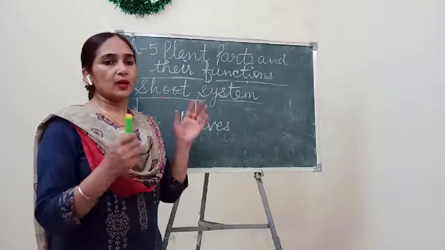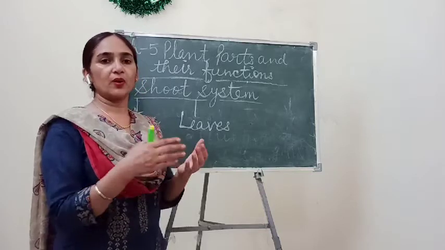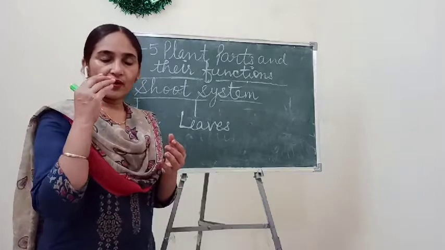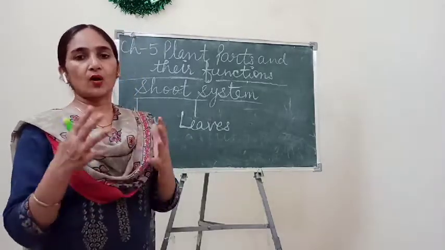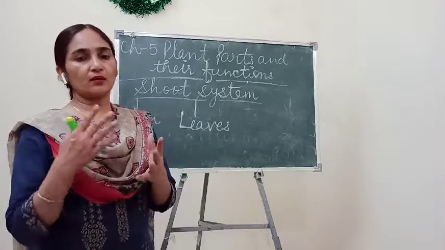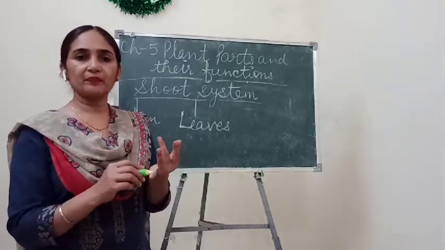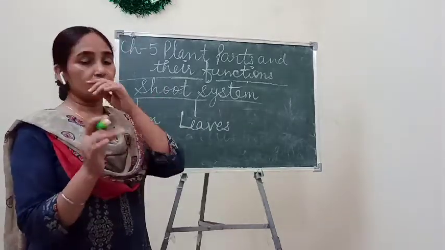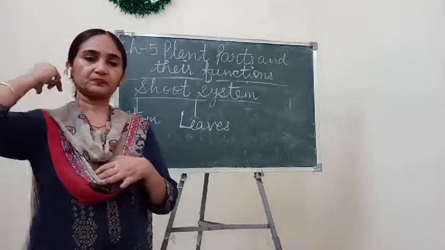Okay, so in the same way we are also getting the same food, because extra food is stored either in the form of fruits or in the form of seeds or some part of the plant, sometimes in the form of roots, stem. Means different plants store food in different parts of their plant.